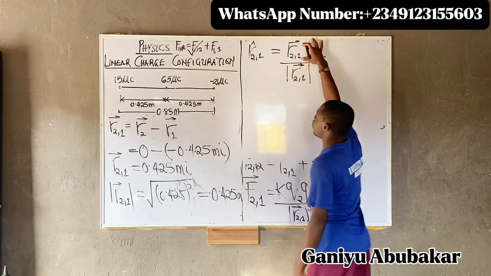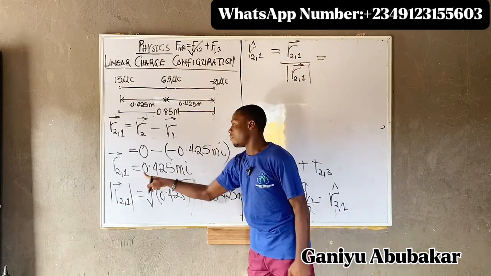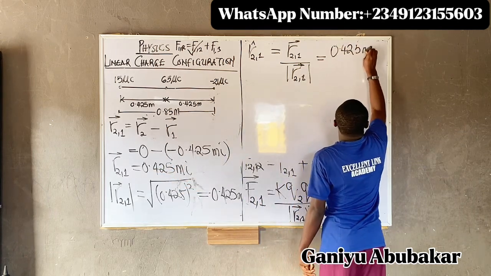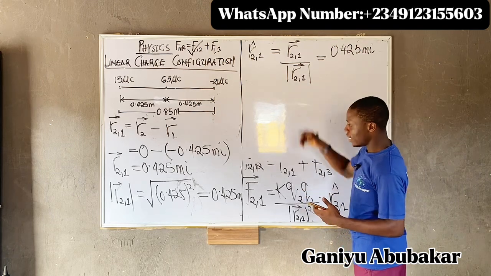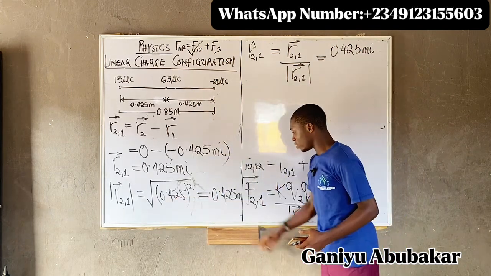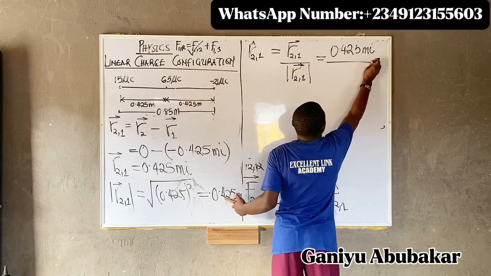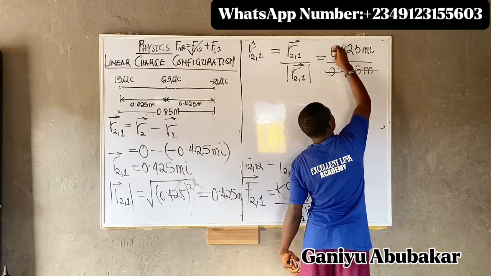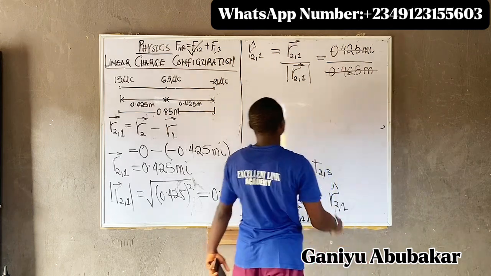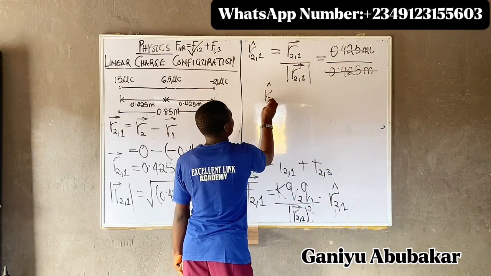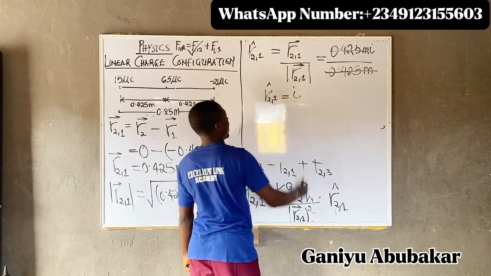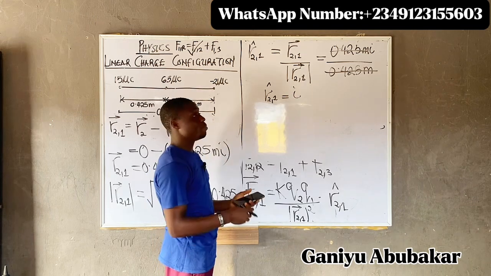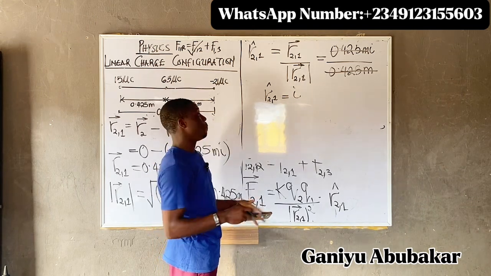This equal to this one here is this. The value is this. So I have a positive 0.425 meters high. This one here is this, and the value of course is this one here. I have 0.425 meters. This one here will cancel this. I have high left. So my value for the unit vector of R21 gives me high. So of course it's not minus high here now. It doesn't mean that everything is minus high, because I have plus high here in this case.